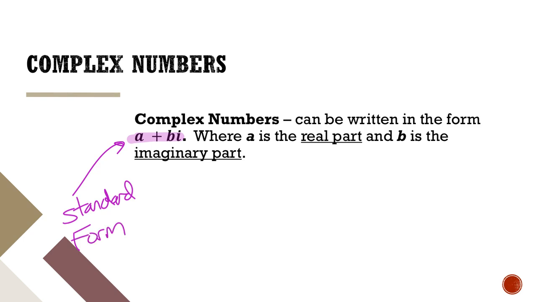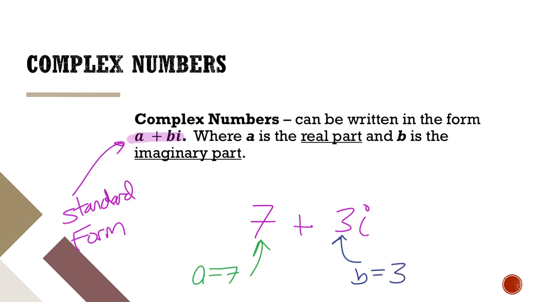Now again, a happens to be real, and then bi, because it has an i, will be the imaginary part. So just a quick example, if I have 7 plus 3i, we know that a is 7 here. That's my real part. And my imaginary part, the b here, is equal to 3.